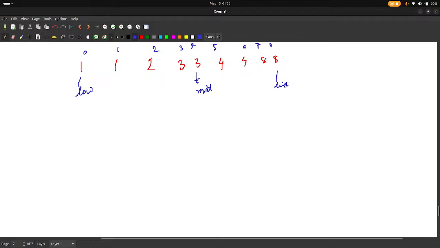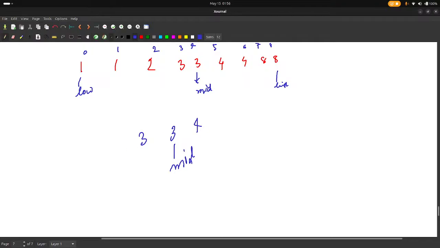And so what I will see is, let's say as in the previous question, we will do the same here. Like 3 3 4, I'm standing at mid.